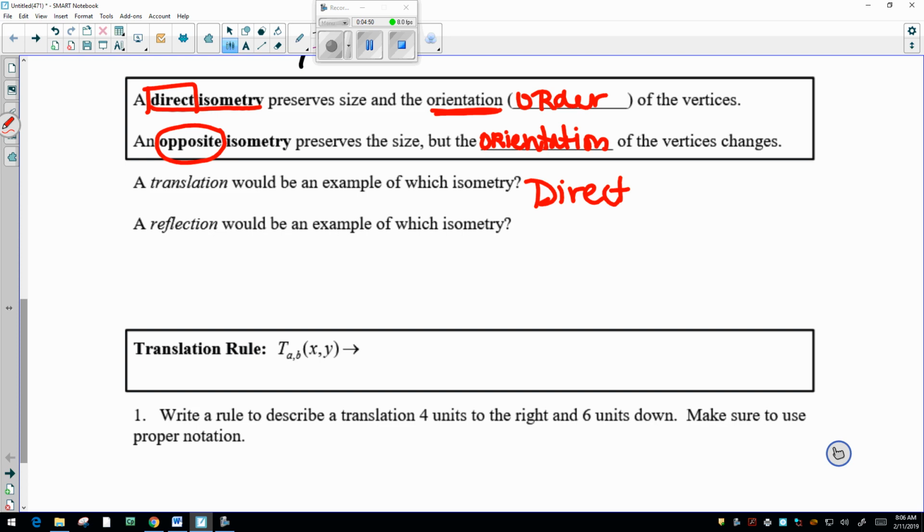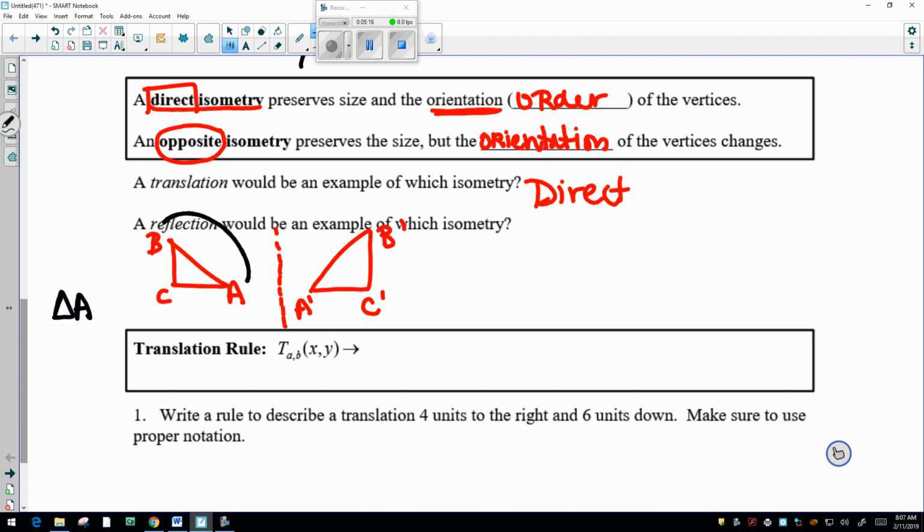Now a reflection. So let's draw an example and let's see what this would look like. So let's say that this is triangle A, B, C, and I want to reflect it over this line. Well, once we reflect it over this line, my new picture, this is going to be A prime, here's C prime, and here's B prime. So if we do the same thing like we did up above, start at your pre-image, pick a point. So I'm going to pick A, and I'm going to go in that counterclockwise motion.